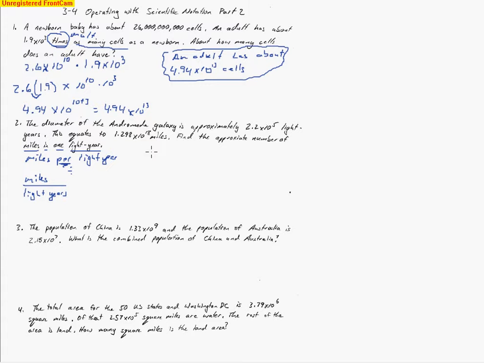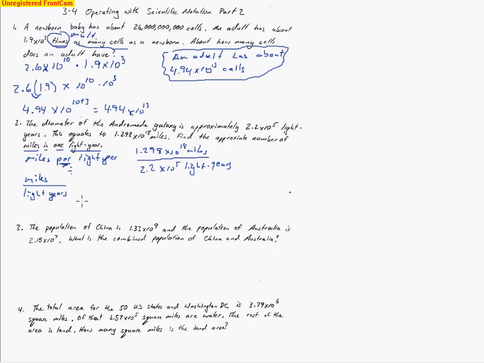Miles goes on top, since I'm trying to see how many times the number of light years goes into the number of miles. The 2.2 times 10 to the 5th, the number of light years, goes on the bottom of the fraction. Then we're ready to do some division.